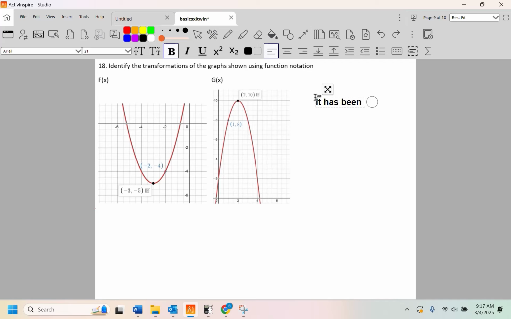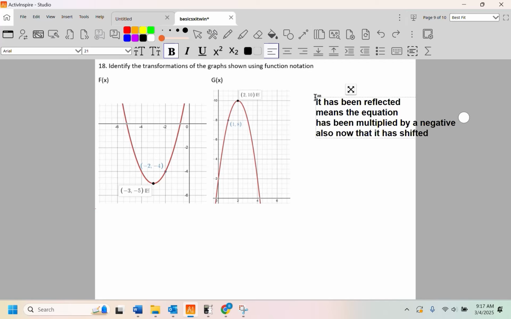It has been reflected, which means the equation has been multiplied by a negative. Okay, so that has happened. I also know that it has shifted from -3 to 2. So it has shifted right 5 units, because that's the difference between -3 and 2. It's 5.